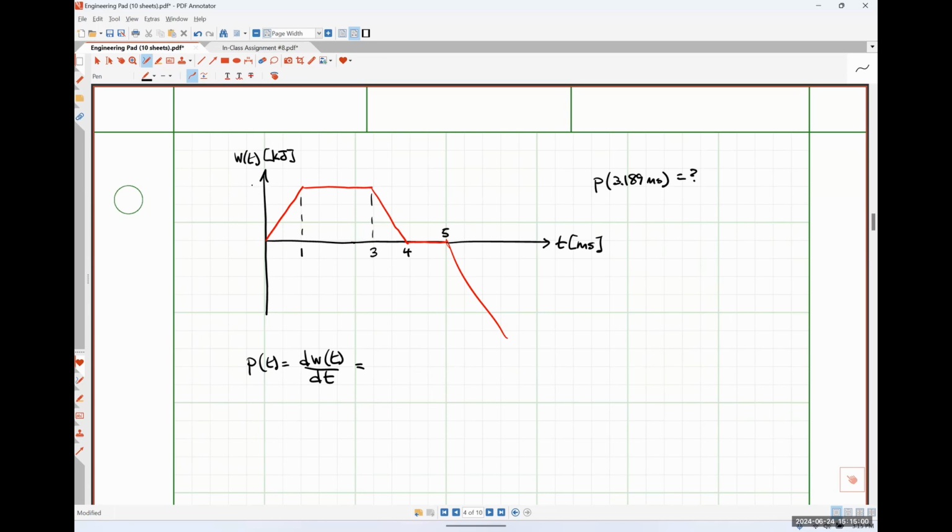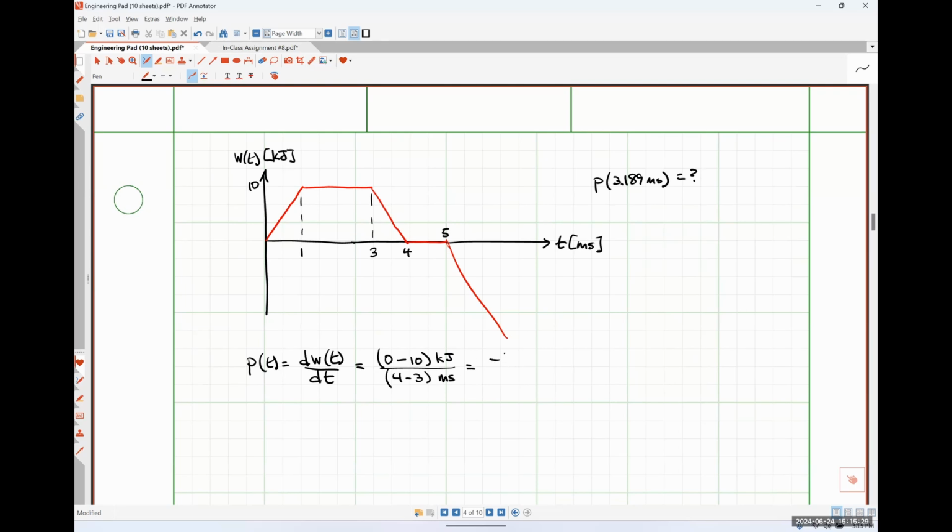Let me put things here. So we have a change: 0 minus 10, and that's in kilojoules, over 4 minus 3, and that is in milliseconds.